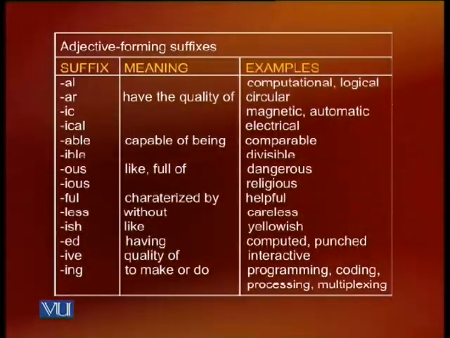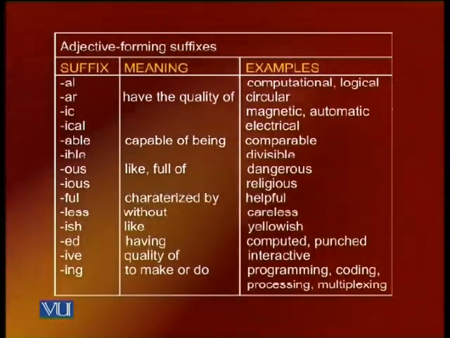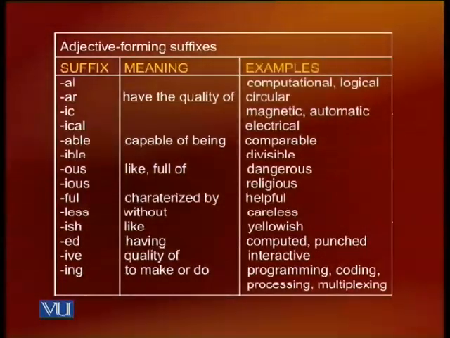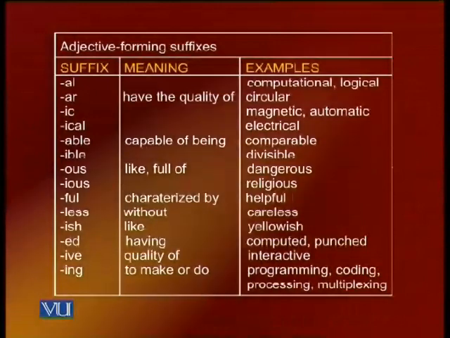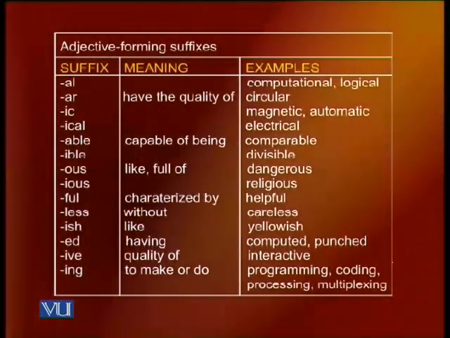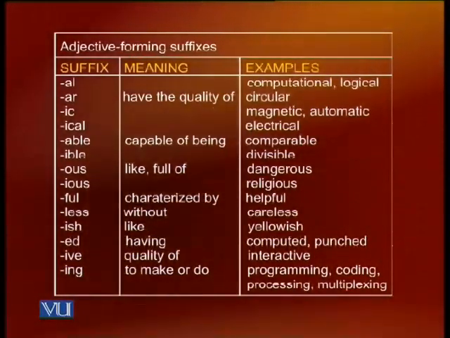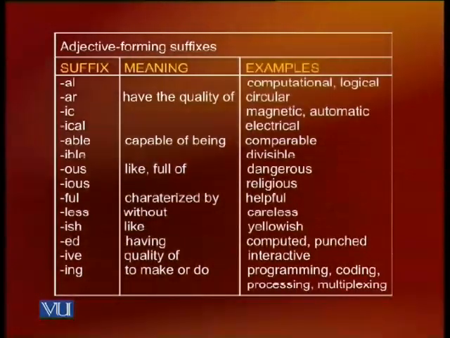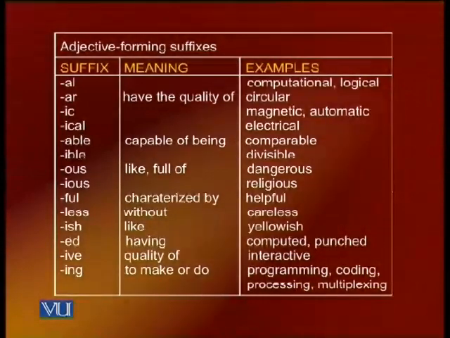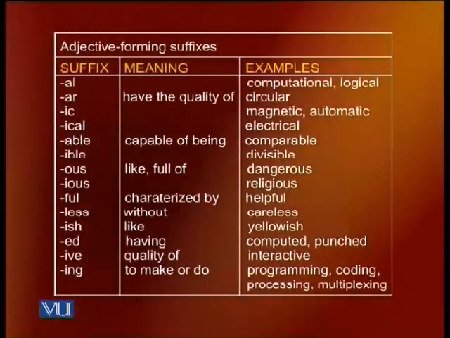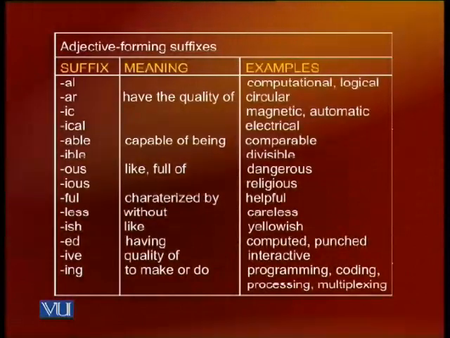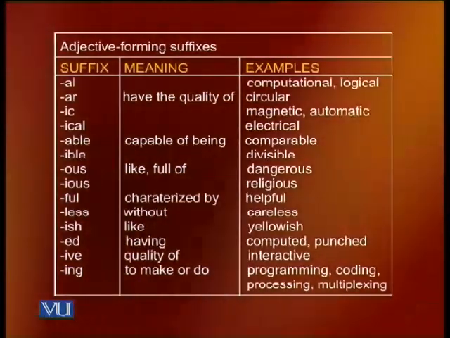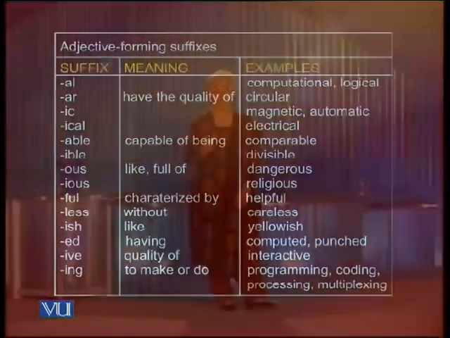In the same way, you've got suffixes ful, less, ish, ed, ive, ing, and they all make words into adjectives. Ful, as I said earlier, help, helpful. Less, which means without. A word which has less at the end is a big clue for you that it means without.